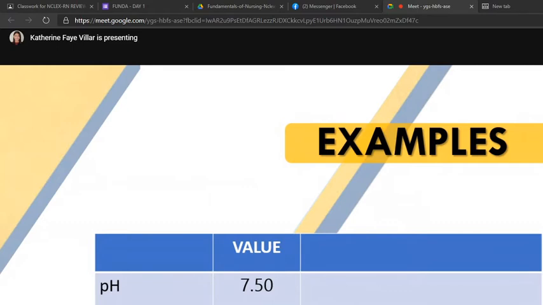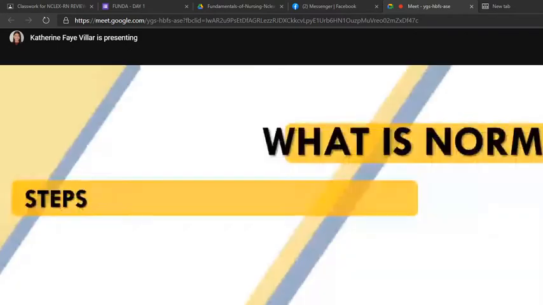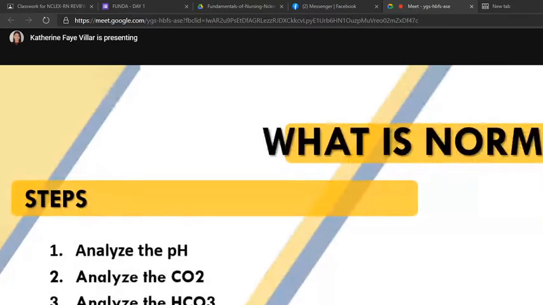So, isa pa. So, first step is, sige, balikan natin po yung steps ha. So, first step is for you to analyze the pH. Okay? And what is the value of the pH is, it's 7.35 to 7.45. Okay, so that's the normal range of the pH.